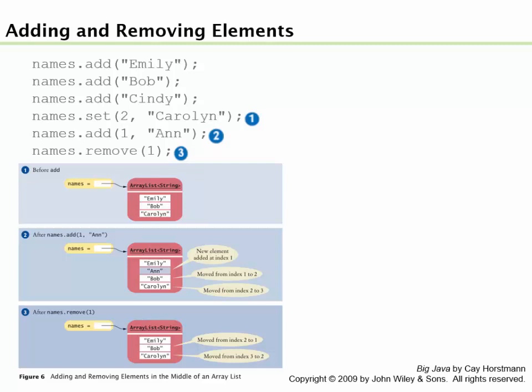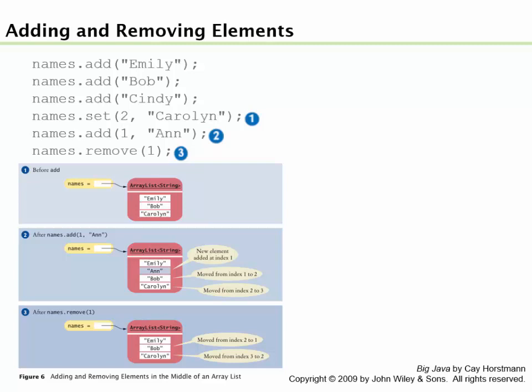But notice this type of add, we're specifying where to add it. This is like an insertion. So we're saying, right before index 1, that's the second thing in the list, I want to insert Ann into the list. So now Ann gets inserted right here.